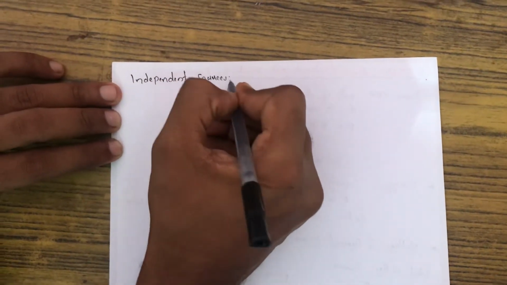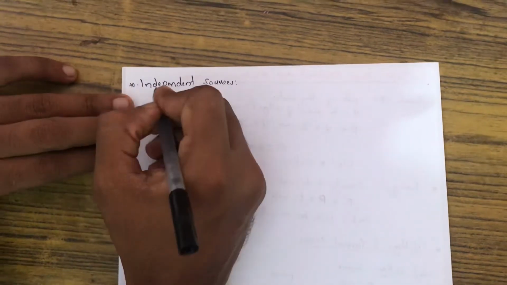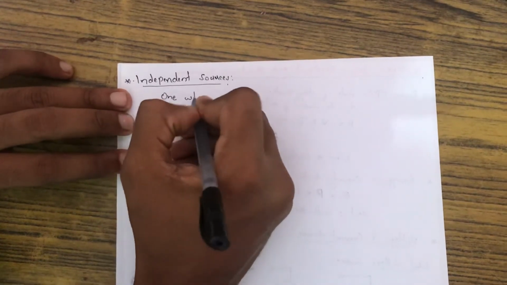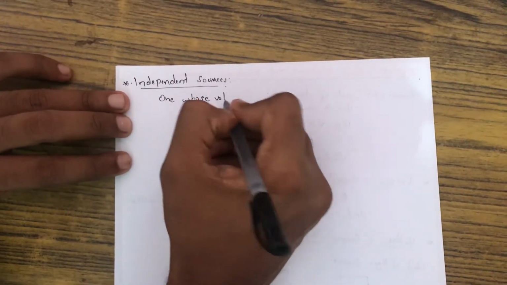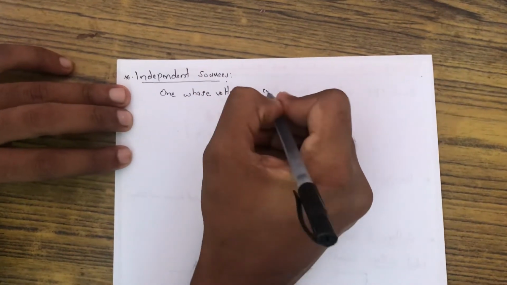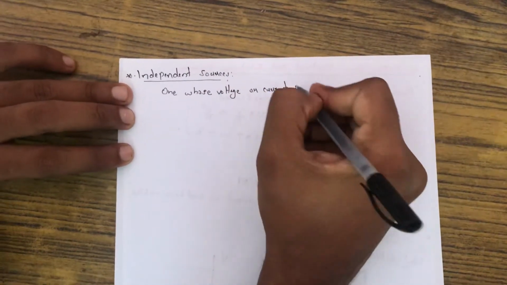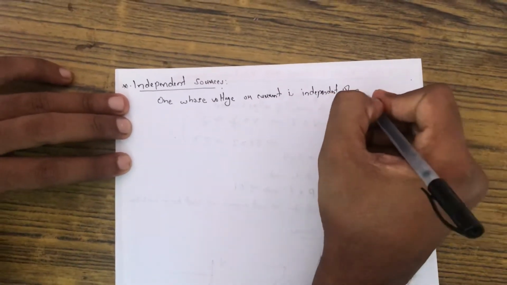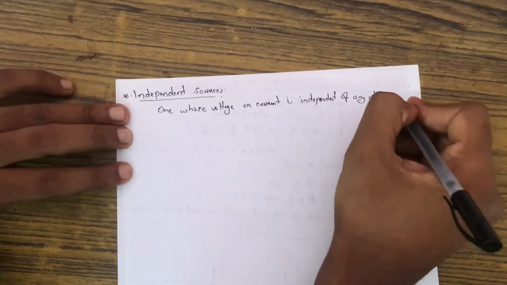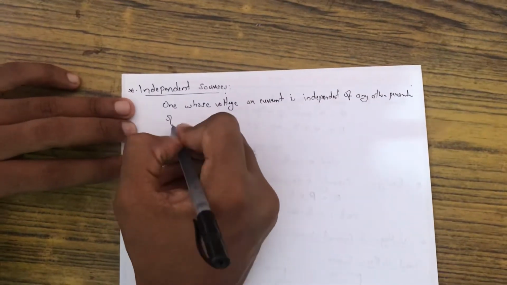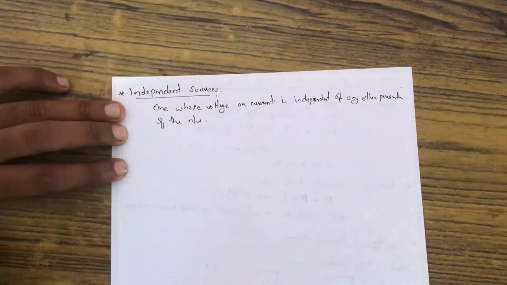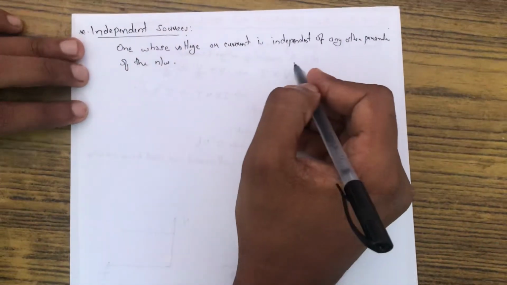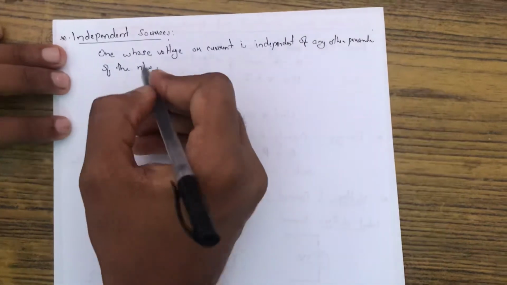Independent sources are ones whose voltage or current is independent of any other parameters of the network.